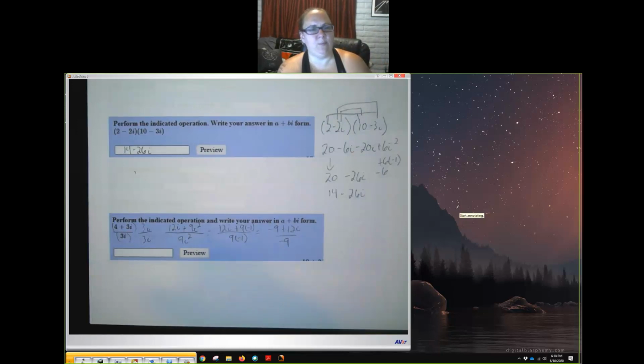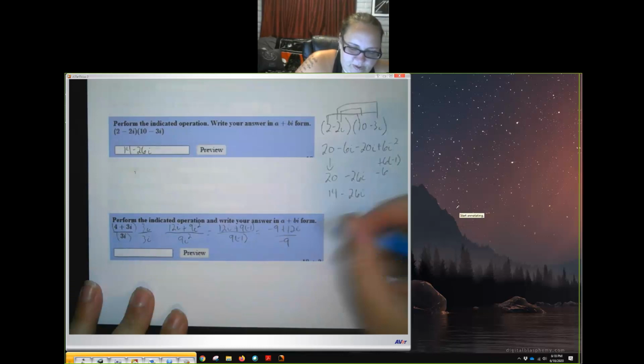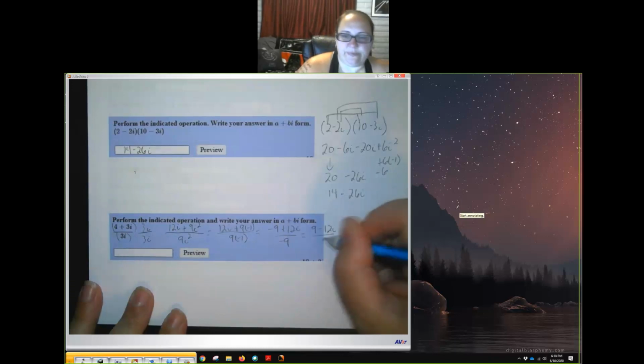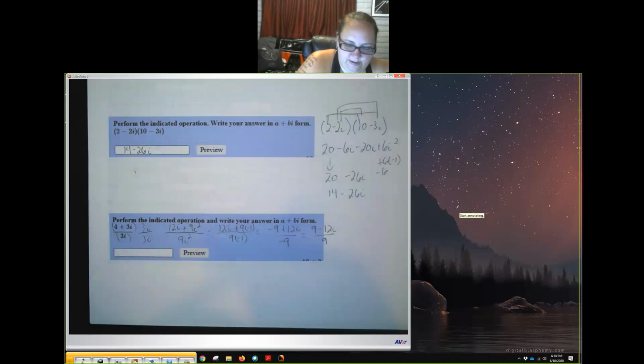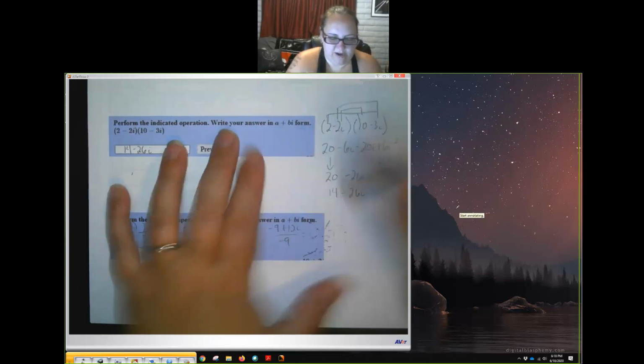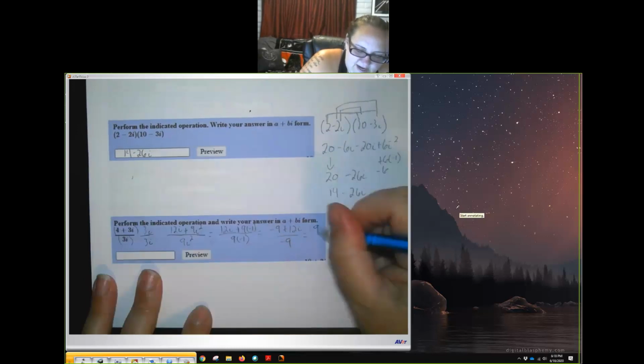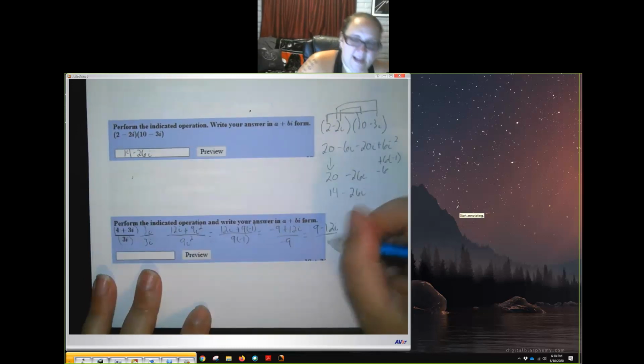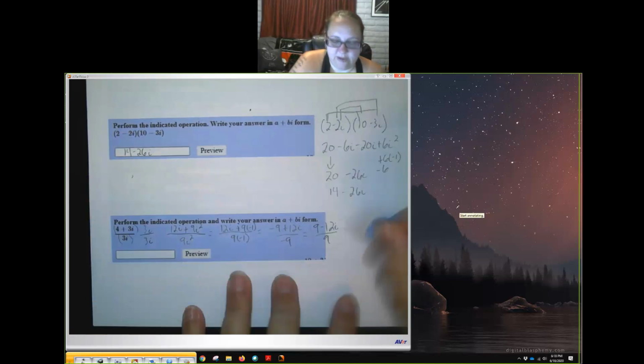I don't think that Moore is going to let you keep that negative in the denominator. So I would change the signs of everything. Now, that's actually, I shouldn't have done that. Pretend I didn't circle that or square it or whatever. 9 minus 12i over 9. That's not a plus bi form.